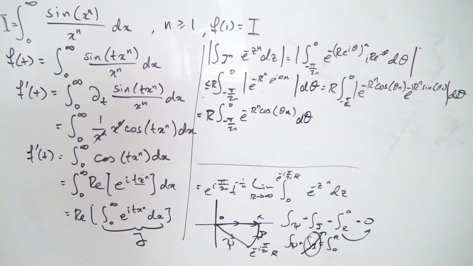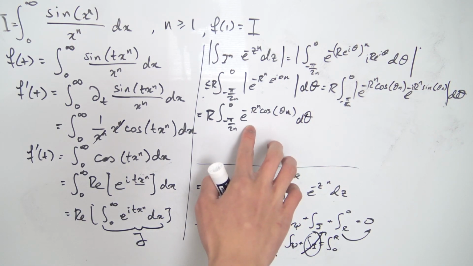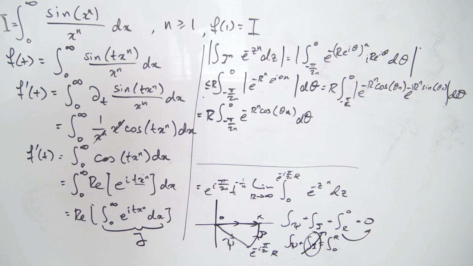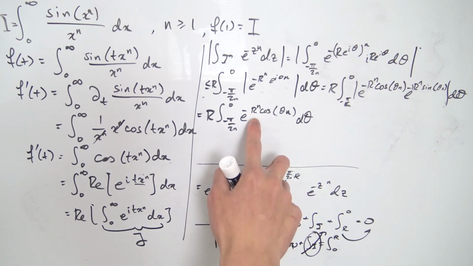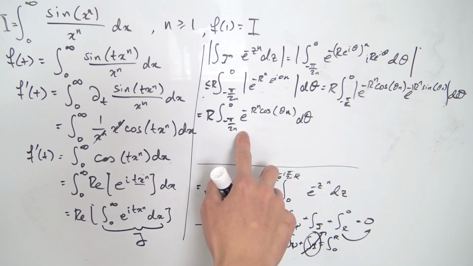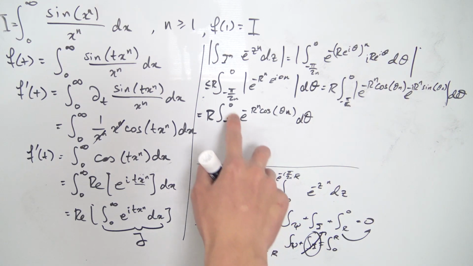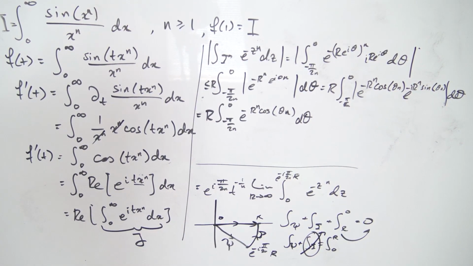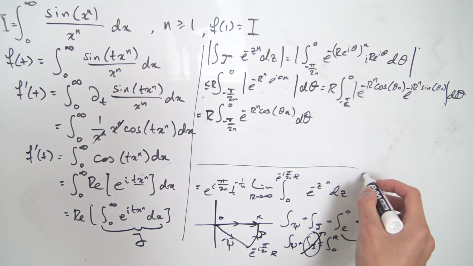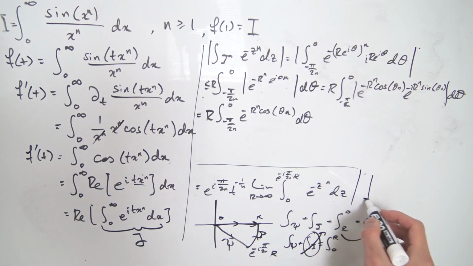And now we want to estimate this integral further, and we want to take a look at this function in here, e to the minus r to the n cosine of theta n. So we have e to the minus some real number, and this number is in fact always positive on this interval minus pi over 2n to 0. So here we're just dealing with a decaying exponential, and what does that look like? Let's just draw a picture over here, it looks something like this.